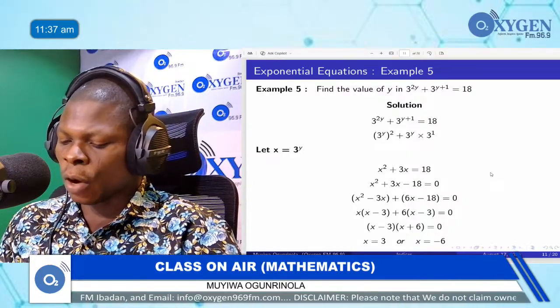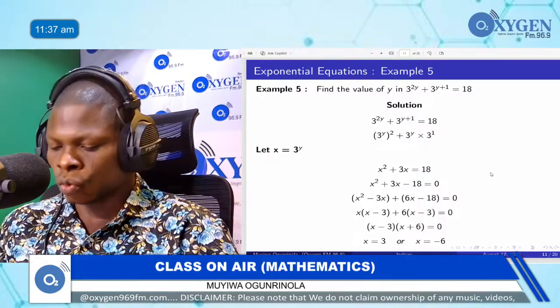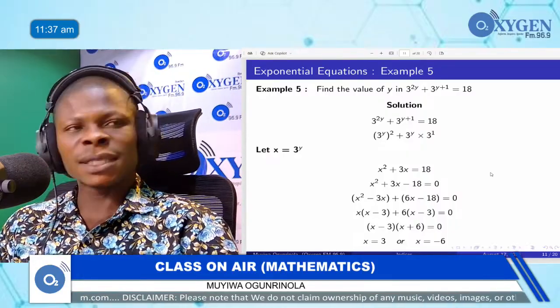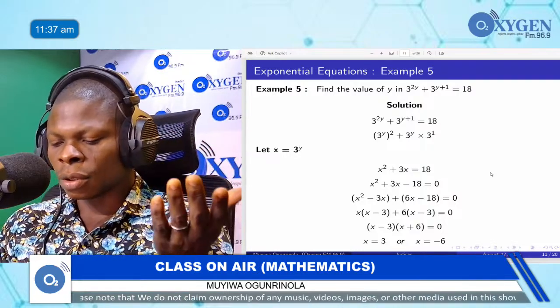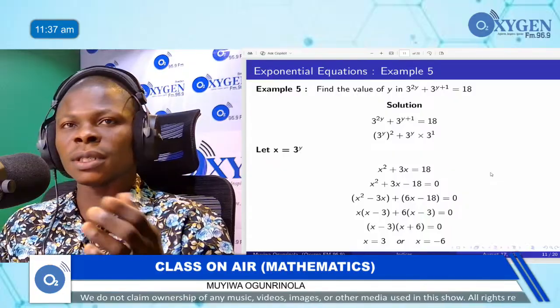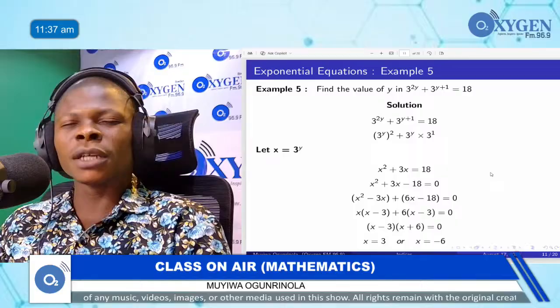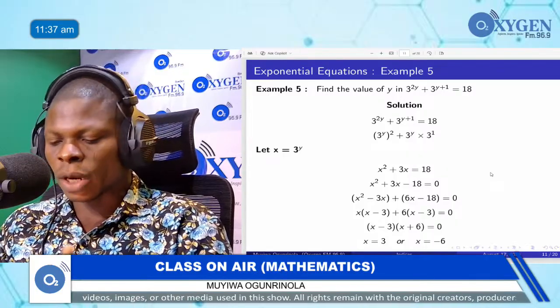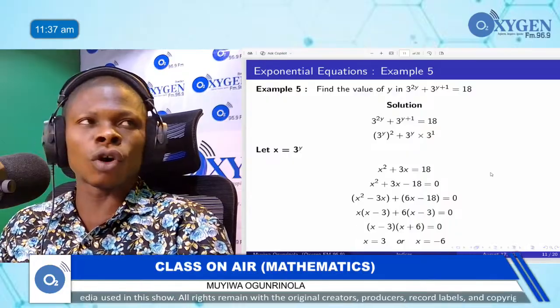So our value for x here will be x is equal to 3 or x is equal to minus 6. And since 3 raised to power y is greater than 0, x is equal to minus 6 is impossible because it is negative. So we cannot make use of the negative to get the value for y. So we can only use x is equal to 3.